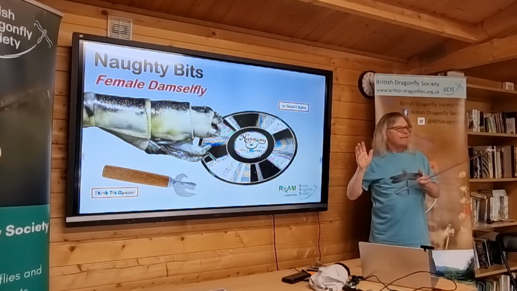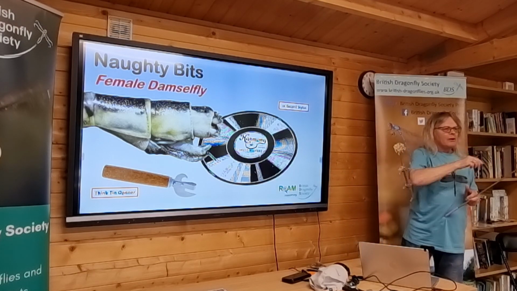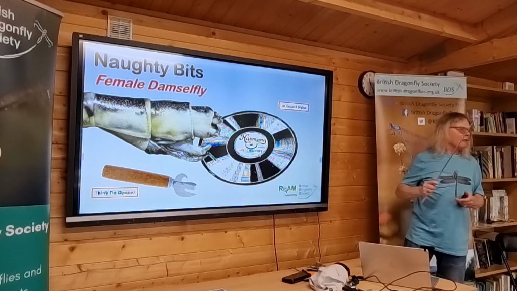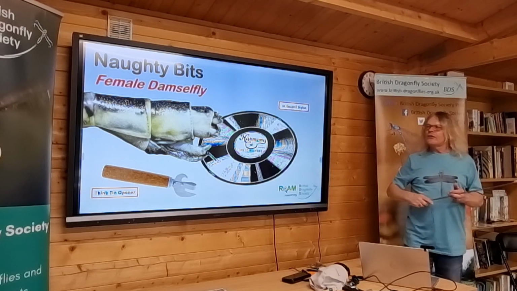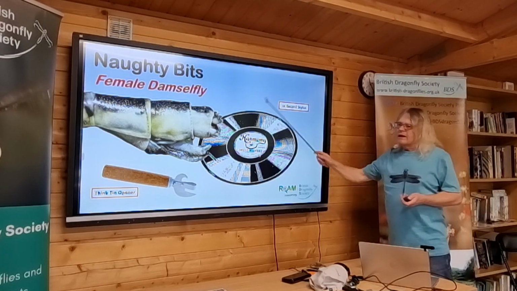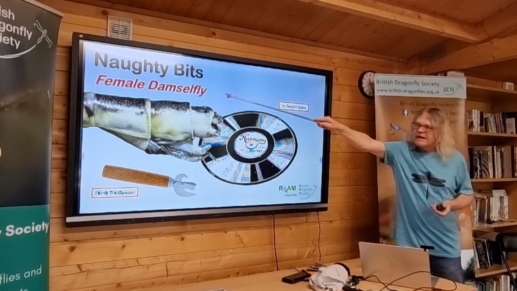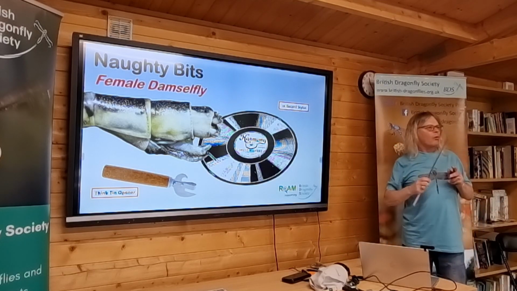And all the dragonflies that have the vulvar scale deposit their eggs in water, which is called exophytic oviposition, dropping the eggs in the water. You see them dipping eggs in the water.